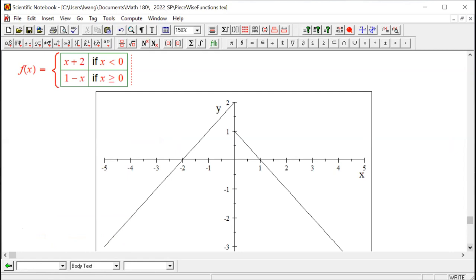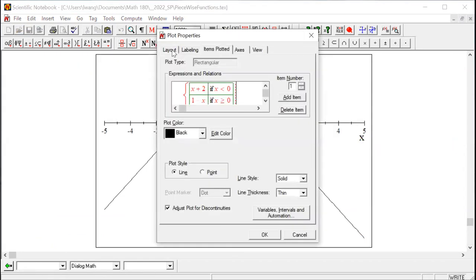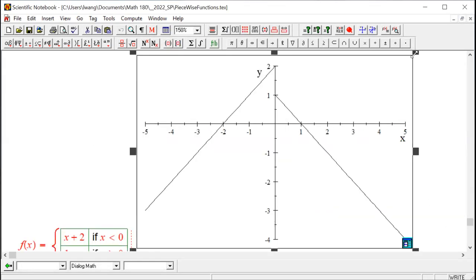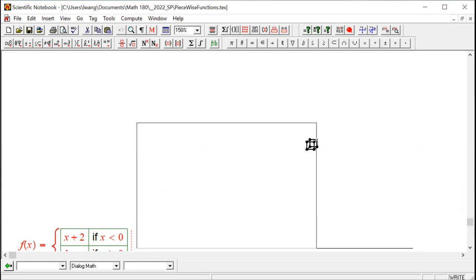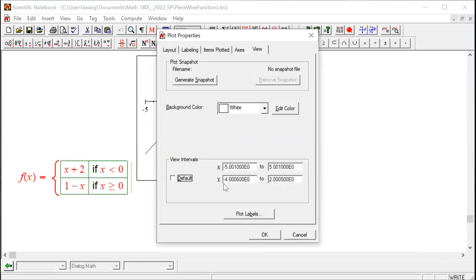You can see it gets that shape, but we have to put the circles there. So let me make some adjustment to the graph.